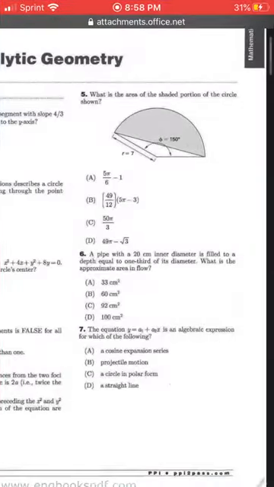Okay, number 7. The equation y is equal to a1 plus a2x is an algebraic expression for which of the following? A, a cosine expansion series, B, projectile motion, C, a circular and polar form, or D, a straight line. Well, this looks already pretty straightforward.